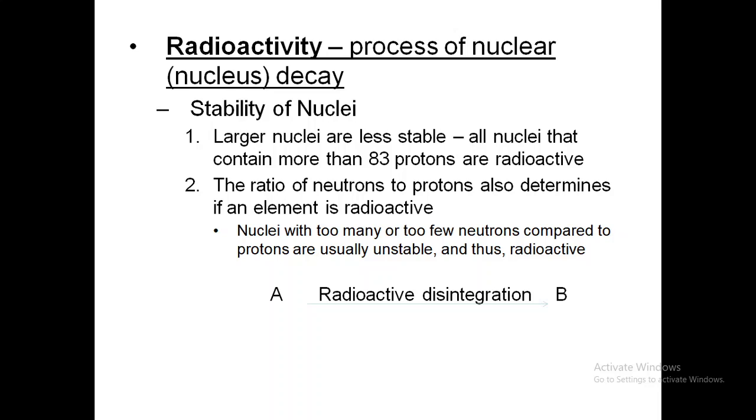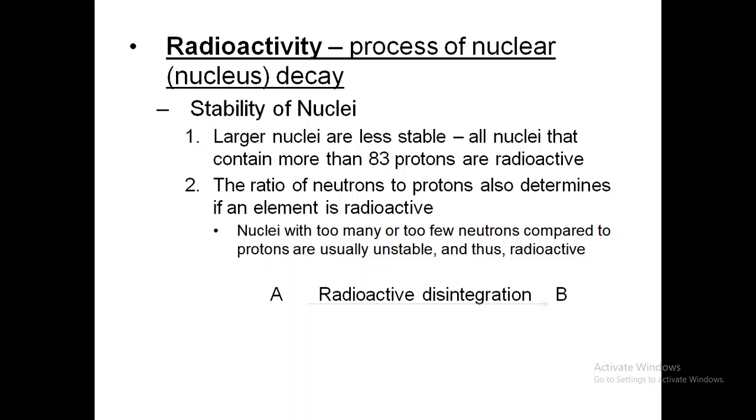As I have mentioned, nuclear stability means that the concerned nucleus does not spontaneously emit any kind of radiation. On the other hand, if the nucleus is unstable, it has the tendency of emitting some kind of radiation, which makes it radioactive.